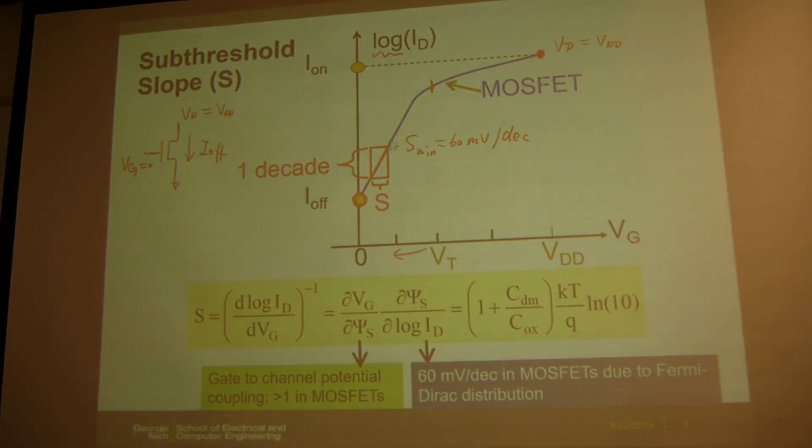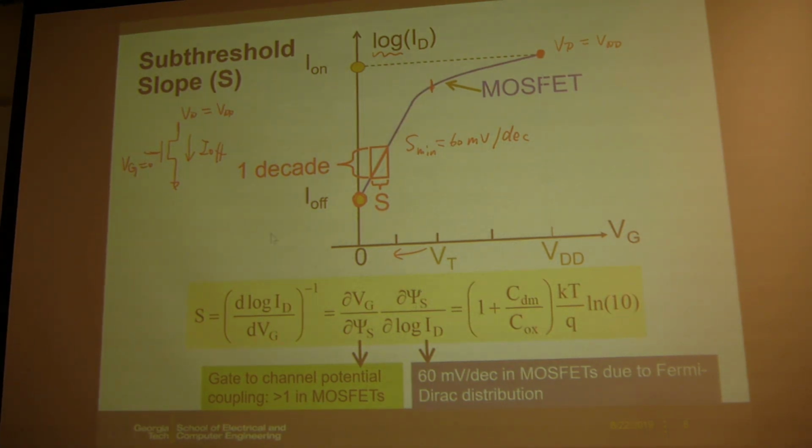That means this slope tells you that if you want to reduce your current by 1 order of magnitude, or by 1 decade, you need to reduce the gate voltage by 60 millivolts. This is due to thermodynamics, due to the Boltzmann distribution of the carrier concentration. So that's how we get this number.